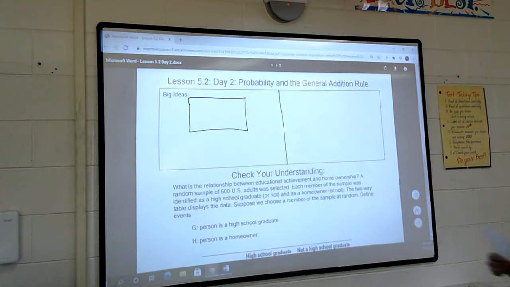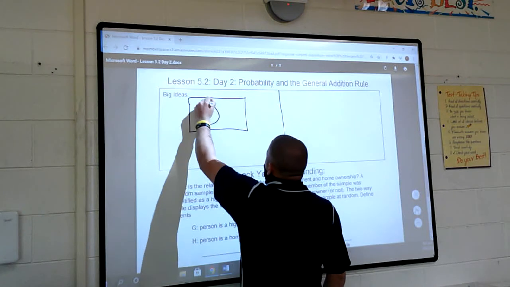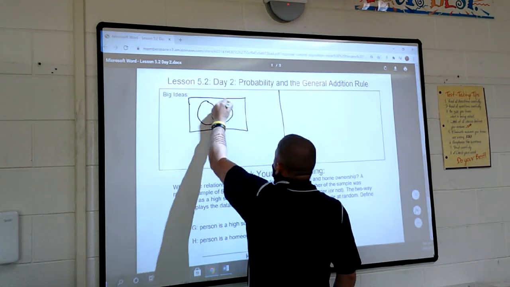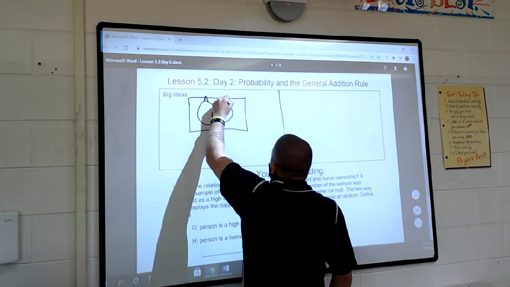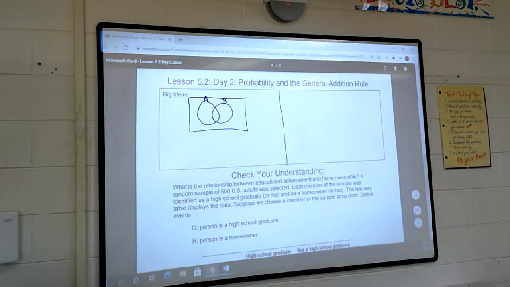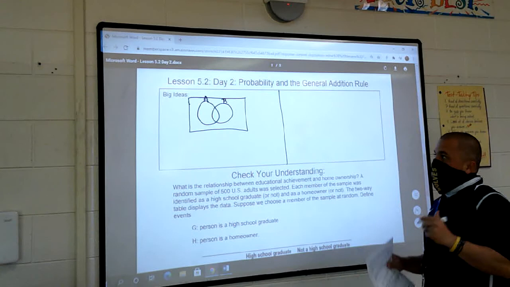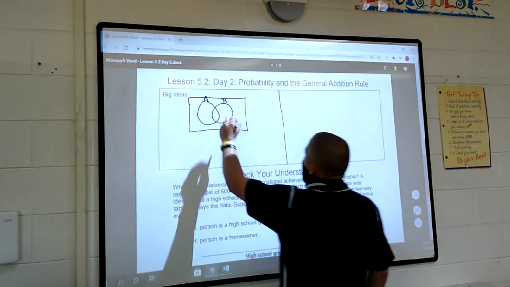Okay? So let's just say we have something A and B, right? So we're going to make the two circles. This is A, this is B. So these are the two. Now, in those circles, we'll number the probability. So if there's an overlap, so let's say it happens in both A and B, then we'll give it a 1.